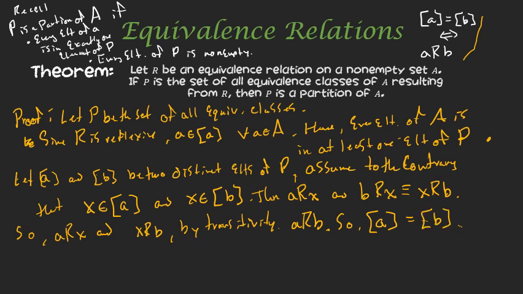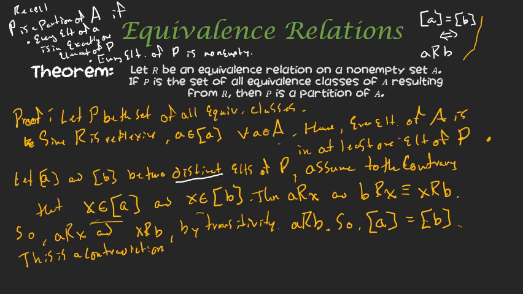Now, why is that an issue? Because our assumption was that A and B were distinct equivalence classes. They were distinct elements of P. We were saying they were different, and we just showed that they're the same. This is a contradiction. What did this contradict? This contradicted the fact that we had an element in two distinct equivalence classes, right?